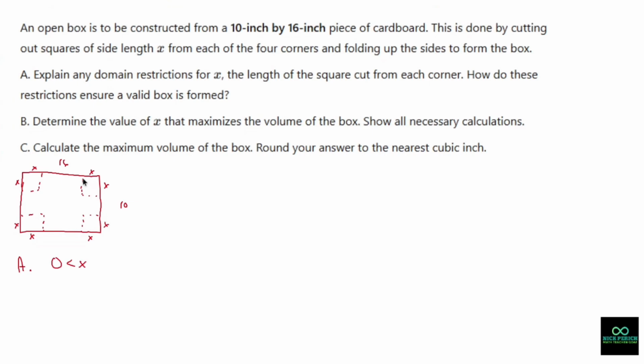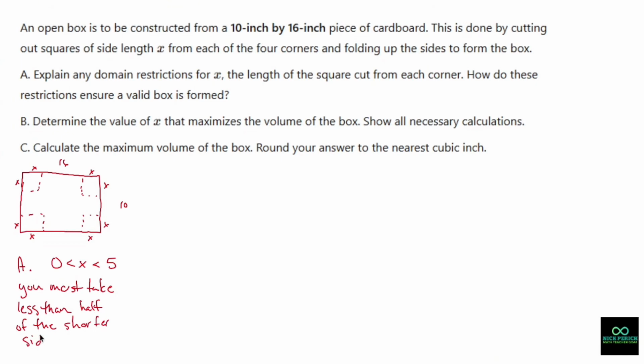So if I wanted to, I can cut out squares that are 4.99 and still have just a little bit of space to fold it up and make the tallest, skinniest box known to man. So my domain restrictions are that x has to be between 0 and 5. The reasoning why is you must take less than half of the shorter side.